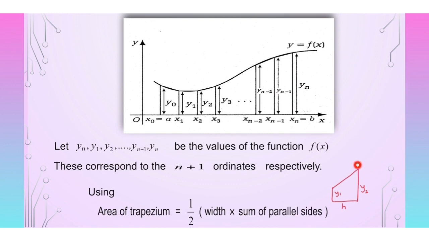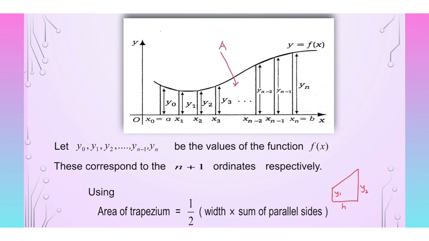For example, we have this trapezium. This is the width of each of these trapezium. They have the same h. And these are the parallel sides, y1 plus y2.